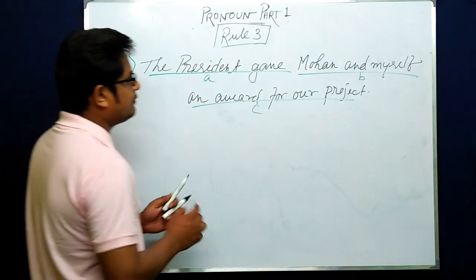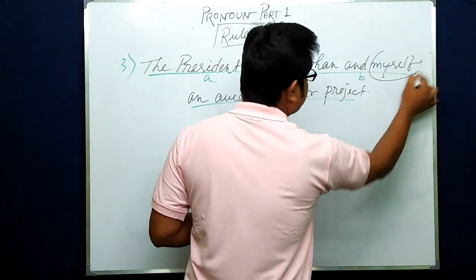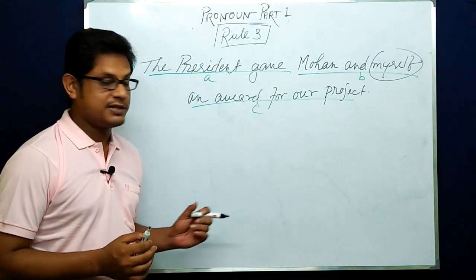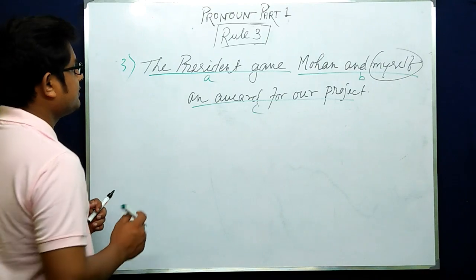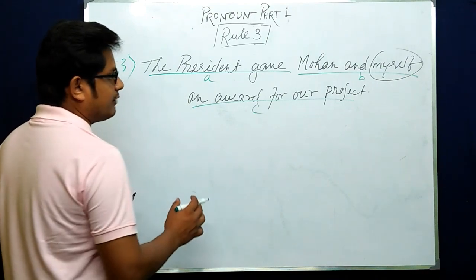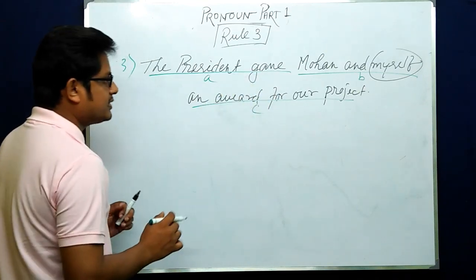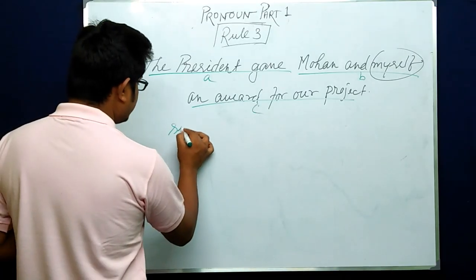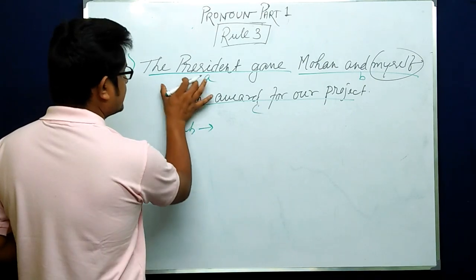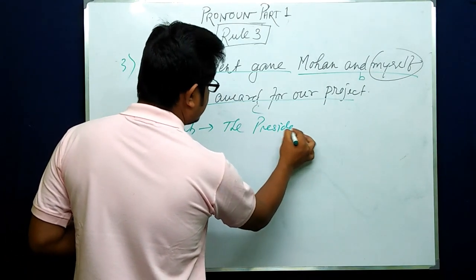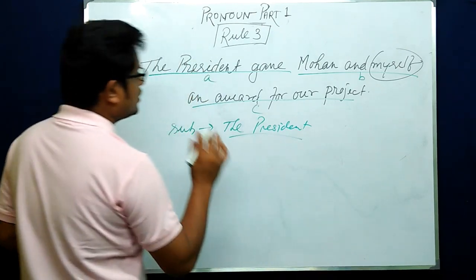See, the president gave Mohan and myself an award for our project. Over here, I have used myself, and myself is a reflexive pronoun, as you have seen. Now, what do you have to find at first? You have to find that gave is the verb of the sentence, and what is the subject? The subject is the president, meaning who gave?